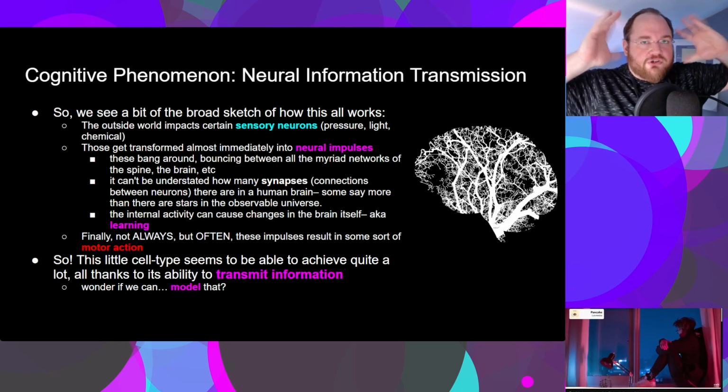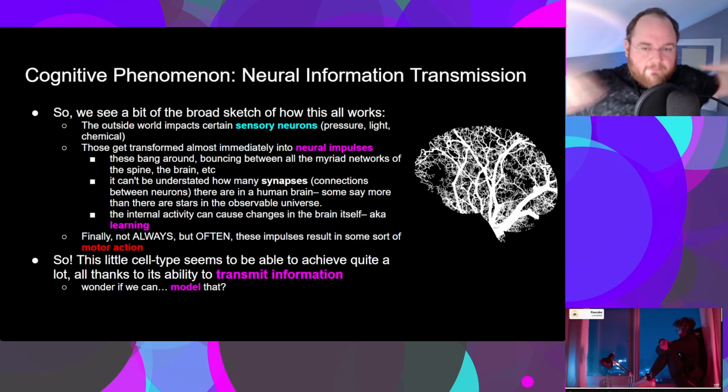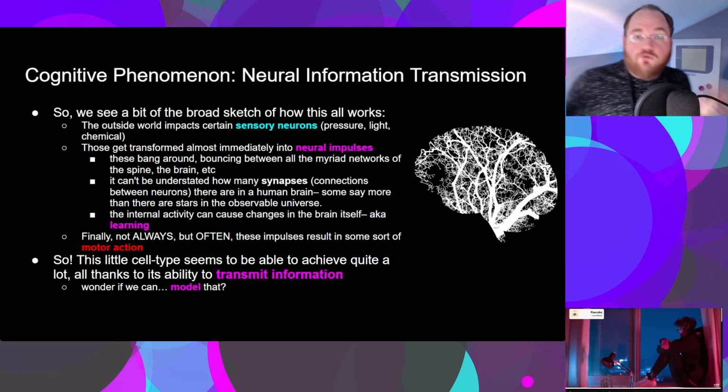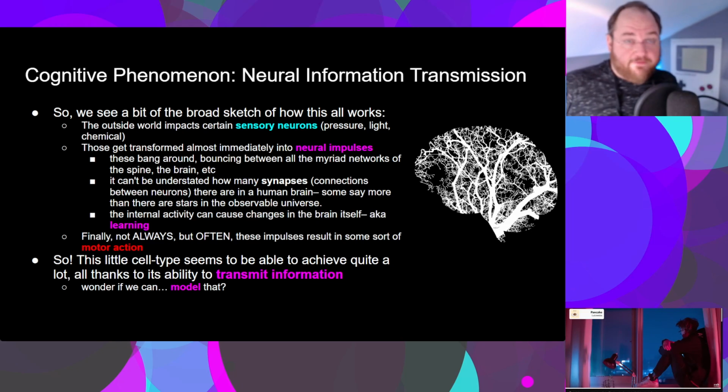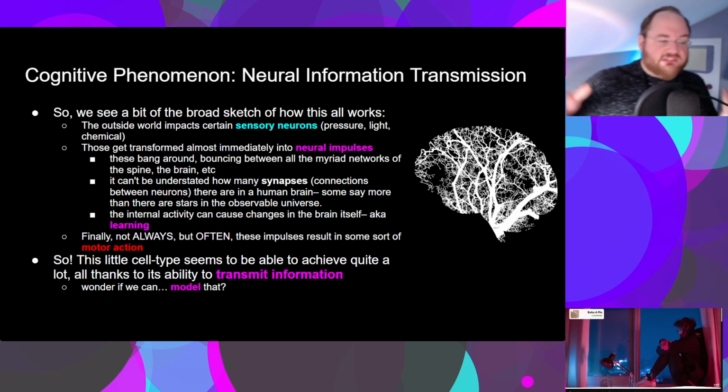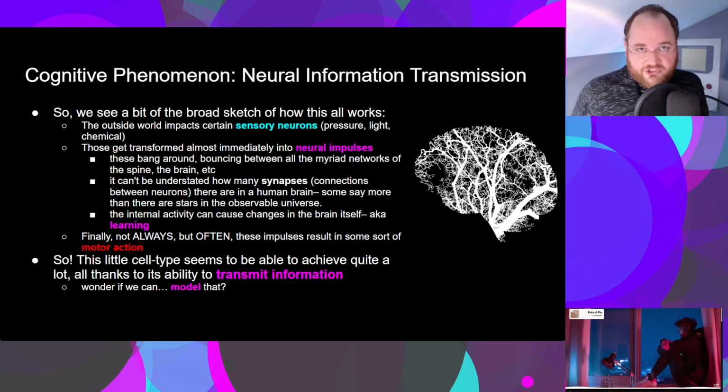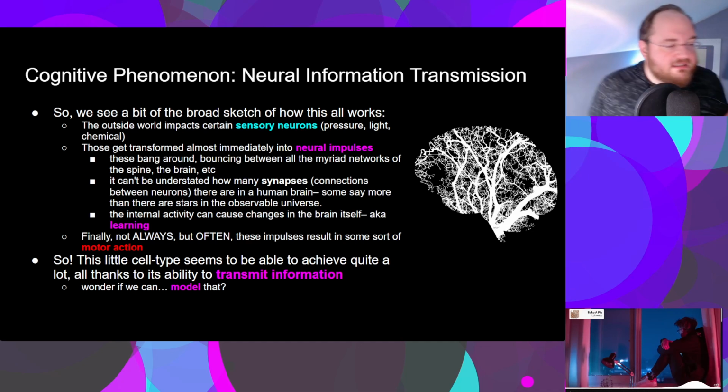You're trying to form new connections based on the inputs and sensory details you are receiving. You aren't necessarily moving so much, but it is still having an effect on your system. And then finally, not always, but often, the impulses result in some kind of motor action, like talking or moving your arms around.